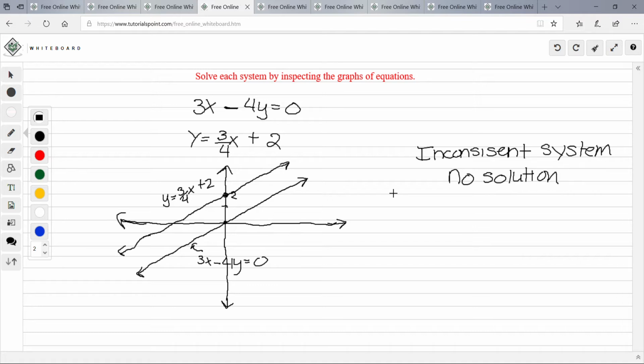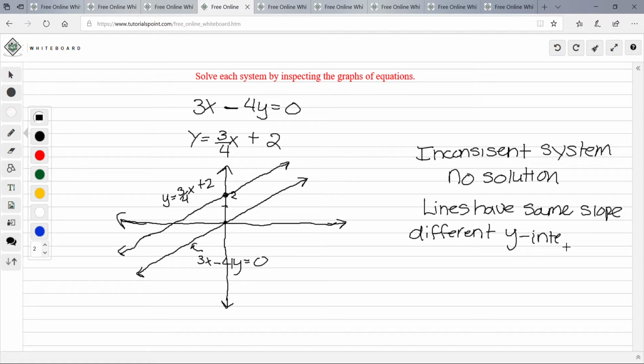No solution, and the lines have the same slope, same slope, different y-intercepts. That was easy.